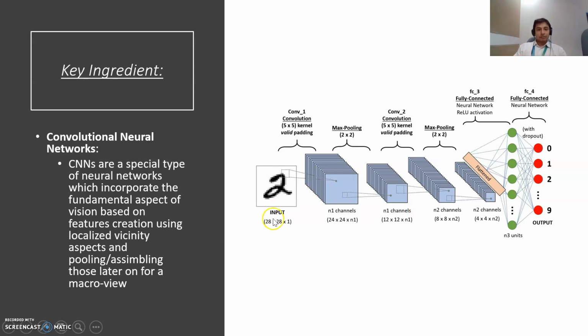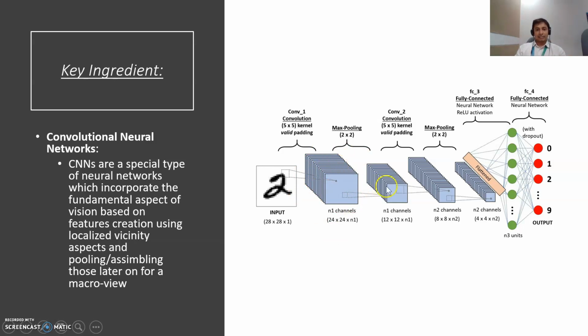So here in this picture we see an input image of, say, 28 by 28 by 1. The 1 essentially means it's a grayscale image. Then we are doing some convolution operations. We'll not go into what these convolution operations are, but that could probably be reserved for future sessions. This is basically the crux of things.